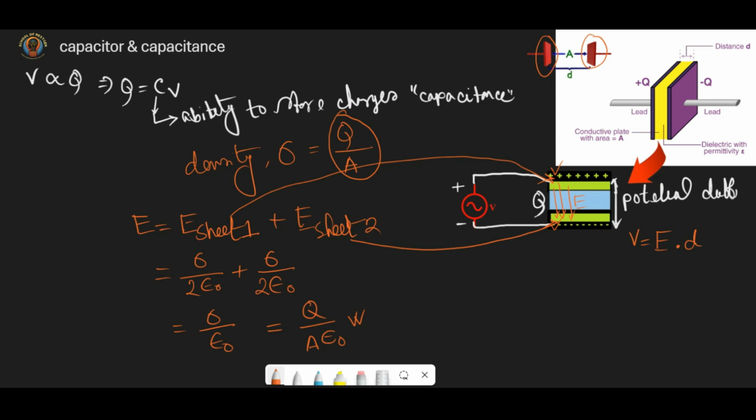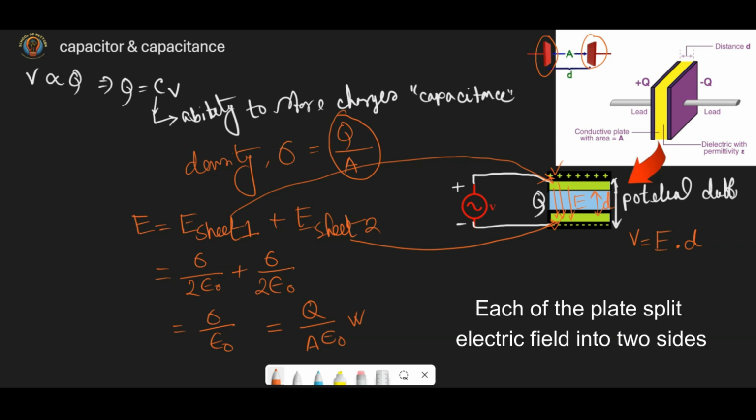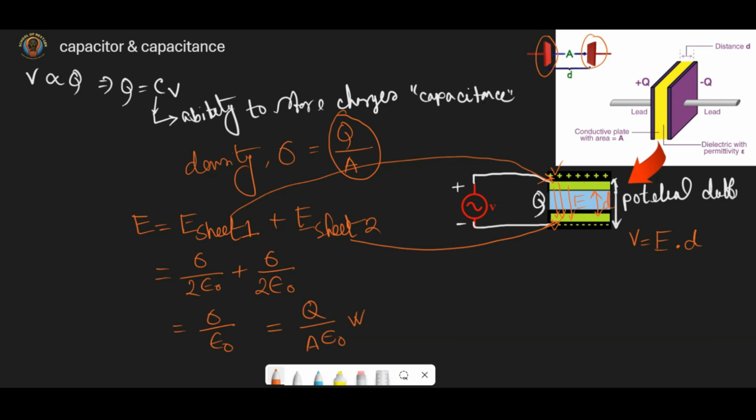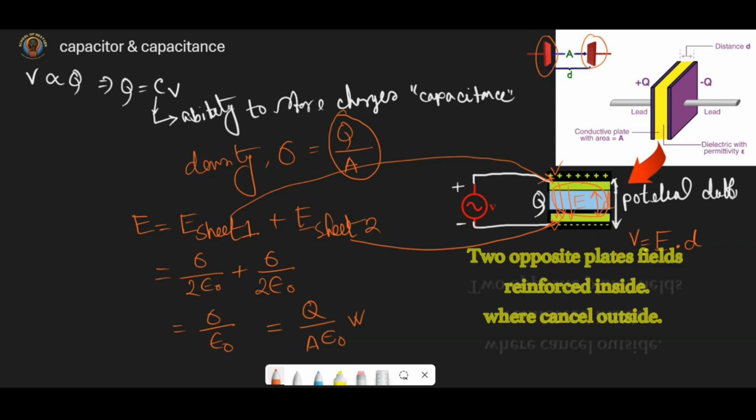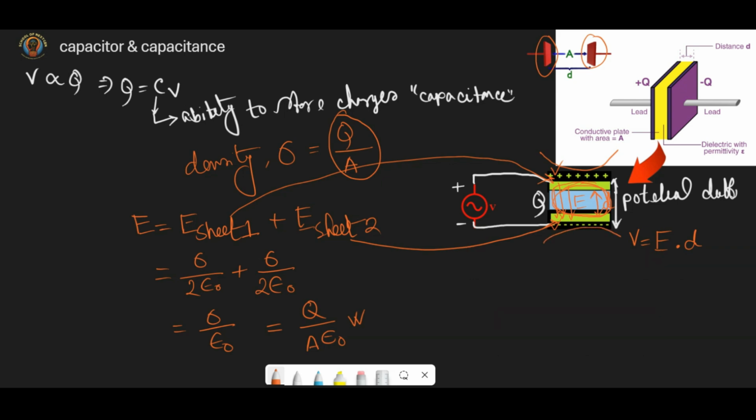Obviously this distance refers to the distance between these two plates, that is D. And as there are two plates, for each single sheet or plate the electric field is split into two sides, and within this region the opposite plate's field is reinforced. It means within this region the electric field will be reinforced, and the outer side electric field will be cancelled. These two points are very important.